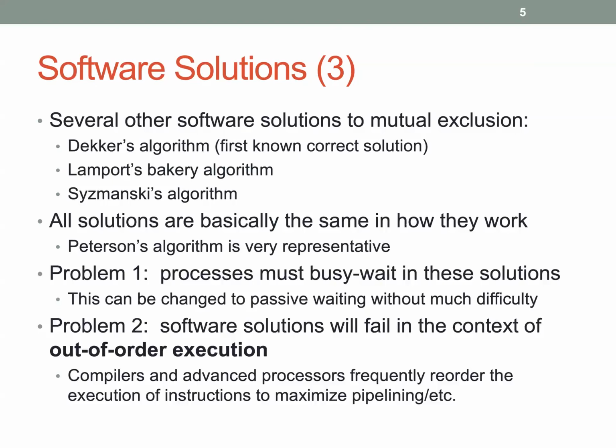So I already mentioned problem one. The other thing that I wanted to mention is actually really crucial, which is that out-of-order execution is a huge problem when you're writing an operating system. What do I mean by out-of-order execution? Well, two things are in the mix that will reorder the steps that you issue in your code based on what might actually be faster, but still be equivalent to the code that you wrote. The compiler is willing to do this all the time. The compiler will reorder the instructions in your code to achieve faster execution if it possibly can.